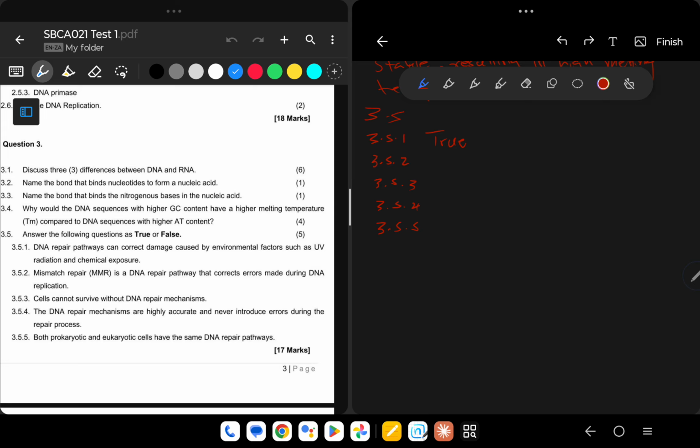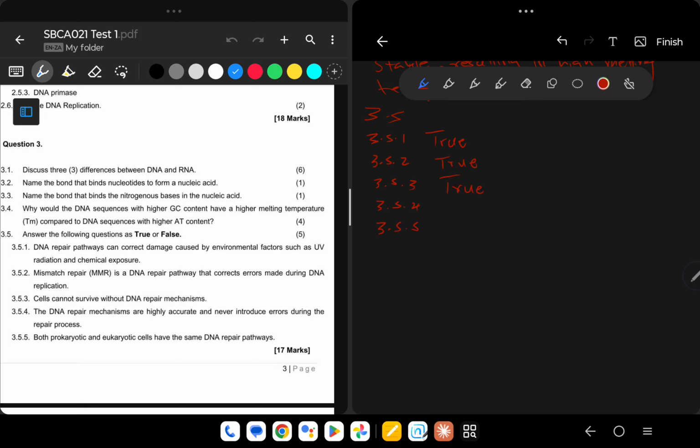So this is true. And then 3.5.3, it says cells cannot survive without DNA repair mechanisms. Yes, of course, they cannot survive without it because there will be damage to those cells. If there is damage, how are they going to survive? They are not going to survive. So this is also true.